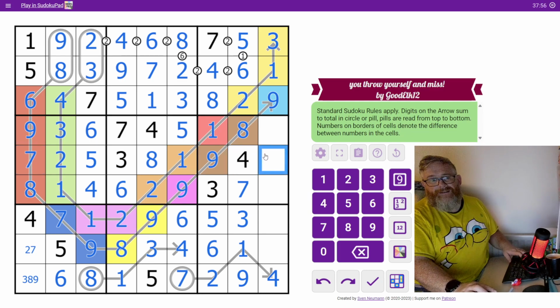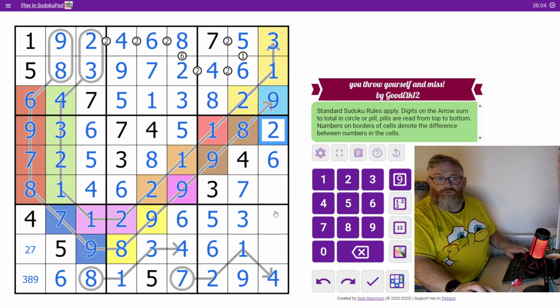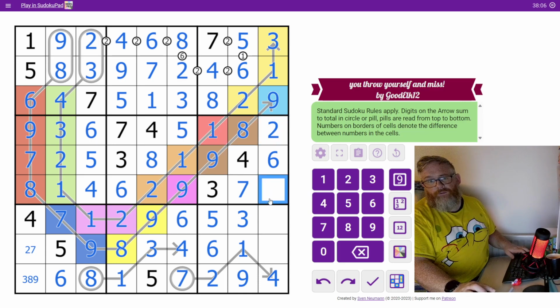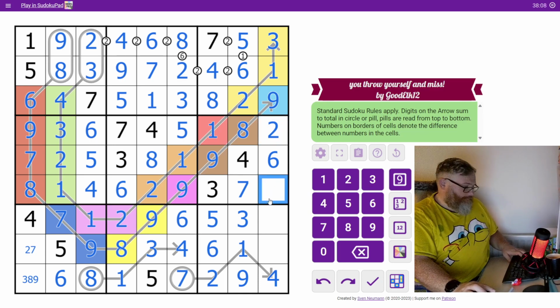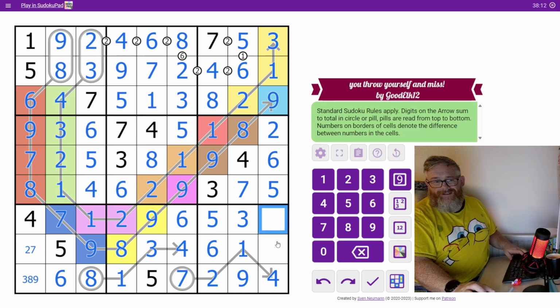So we are missing a 6 from this row, and we are missing a 2 from that row. And what are we missing from the box? A 5. And in here we are missing a 4, was it?